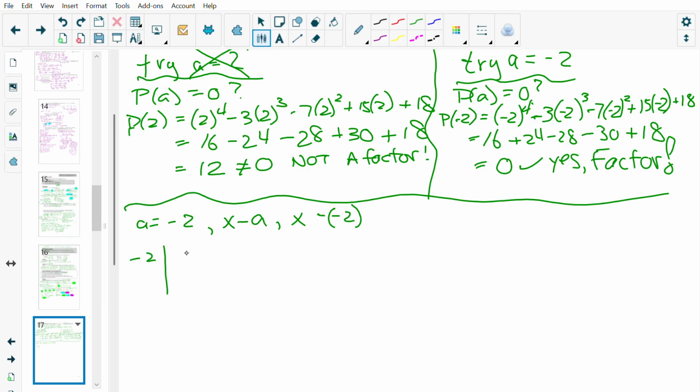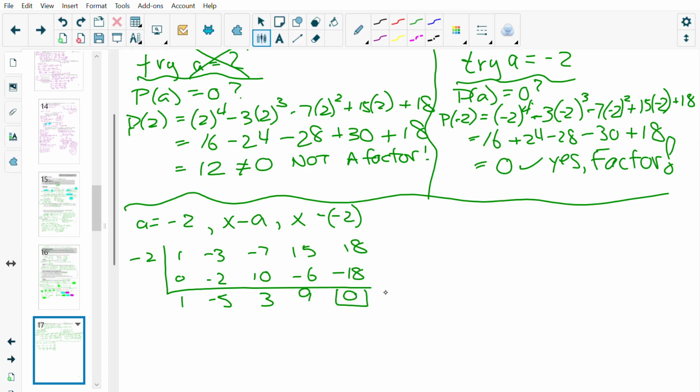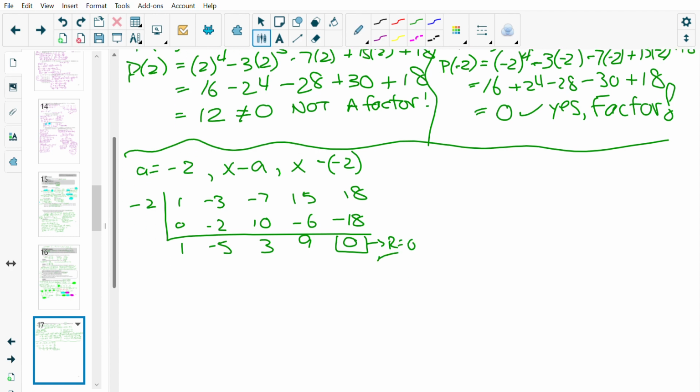The negative 2 goes on the outside, and let's synthetically divide. Okay, let's do this. This 0 tells you that the remainder is 0, so that checks.